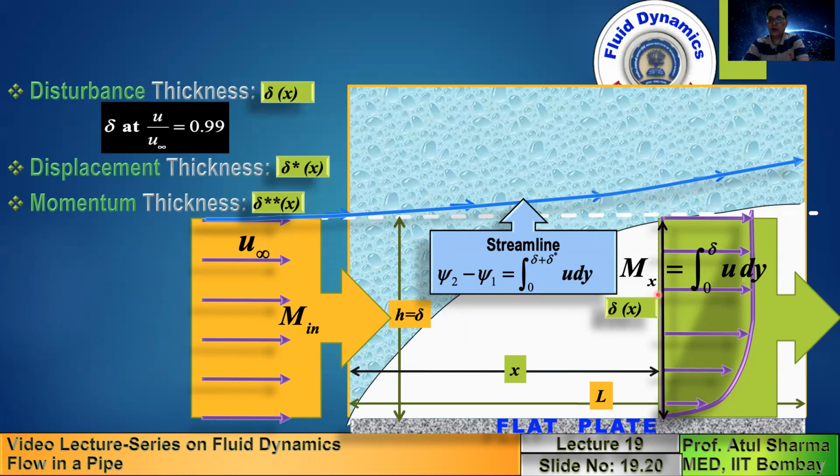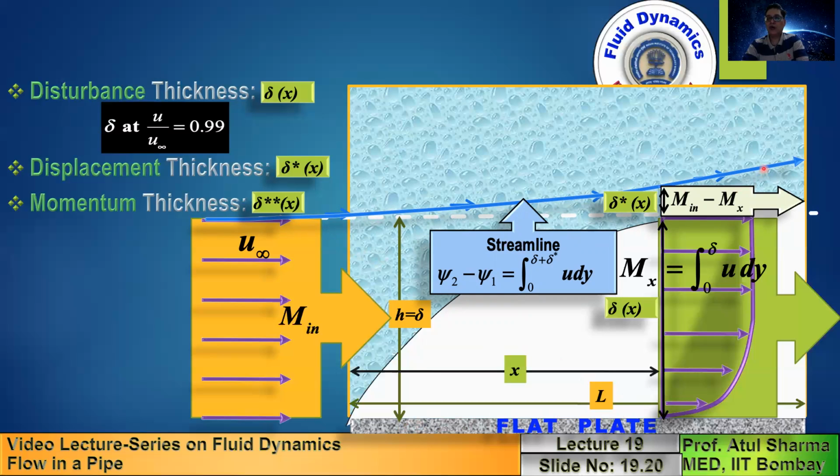So at this location x, the vertical displacement of the streamline, because as I said, for a particular streamline there is a particular value of stream function. You have one streamline at the top surface of the plate, which has some stream function value, and another streamline which has some other stream function value.